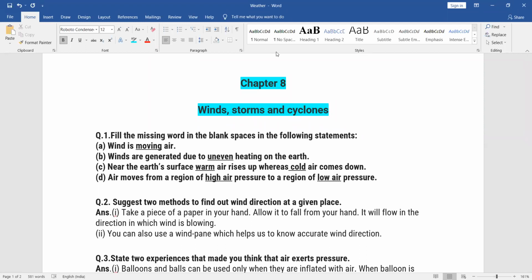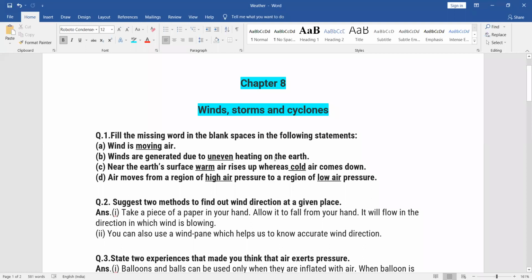See, the third one. Near the earth's surface, warm air rises up, whereas cold air comes down. You know it very well that when the air gets heated, warm air always rises up and cold air takes its place.